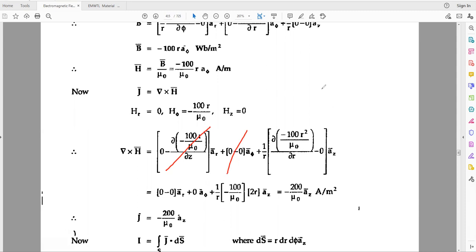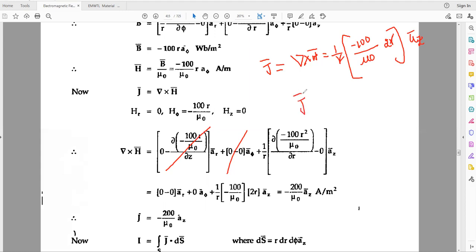And ∂/∂R means del cross H bar is equal to J bar, 1 by R into ∂/∂R of this function. So minus 100 by mu naught is a constant, and with respect to R means 2R into AZ bar. So R gets cancelled, and J bar we get as minus 200 by mu naught AZ bar.